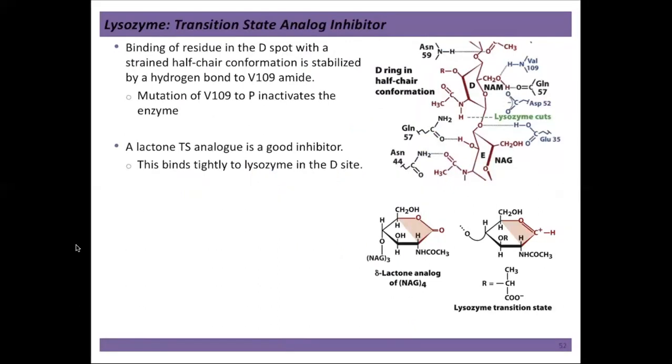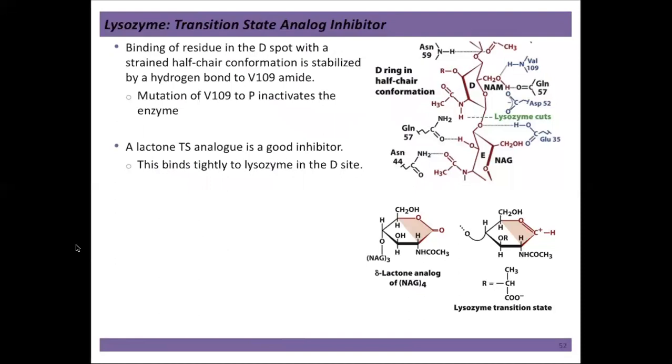So here is a little bit better idea, or picture, maybe not better, a more detailed picture of the residues there and the roles that they are playing in helping orient the saccharide or the oligosaccharide so that we can actually cleave it.